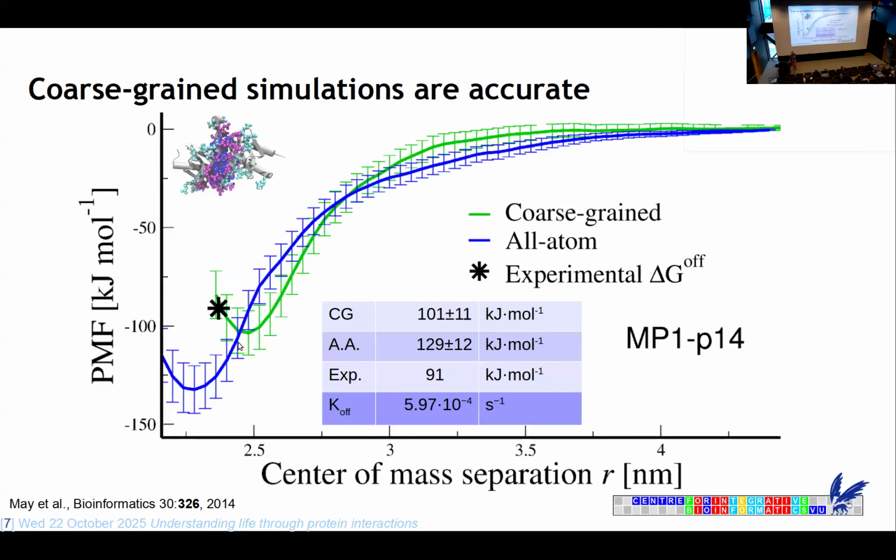You can see they're different, but this is the experimental binding affinity at the distance that they are in the crystal structure. This is the expensive atomistic simulation. It's too strong binding, it's too short distance. So you can't say from this that the coarse-grained is worse. I'm going to say it's better. I don't know if that's statistically significant. Definitely not worse. So this works, you can do it, it's expensive.